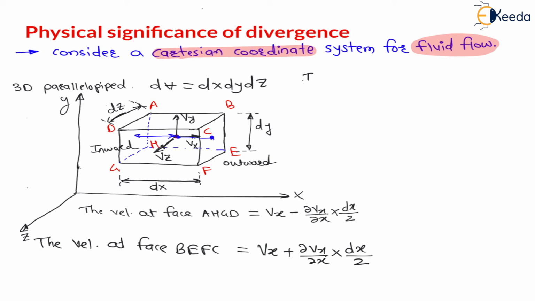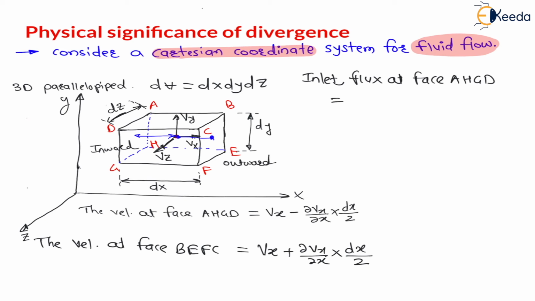Therefore, here inlet flux or inward flux at phase AHGD along x direction will be equal to, see, at phase AHGD velocity is Vx minus dou Vx by dou x into dx by 2 into area. Let us show the area.